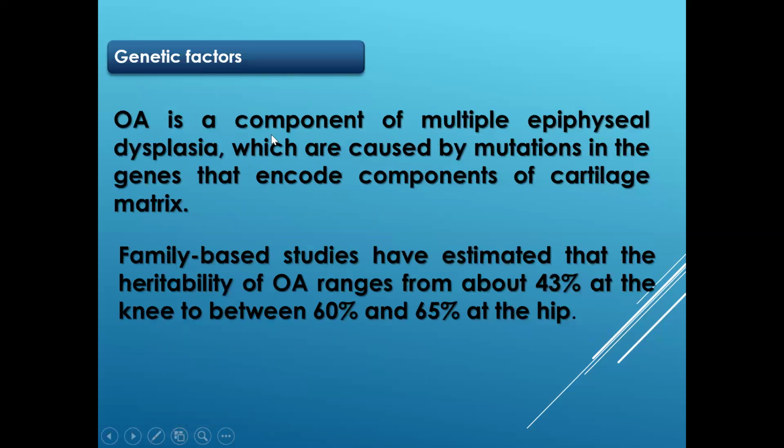Osteoarthritis has a component of multiple epiphyseal dysplasia, which is caused by mutations in the genes that encode components of cartilage matrix. The actual problem is that the cartilage, the major substance that forms the articular tissues, becomes abnormal.